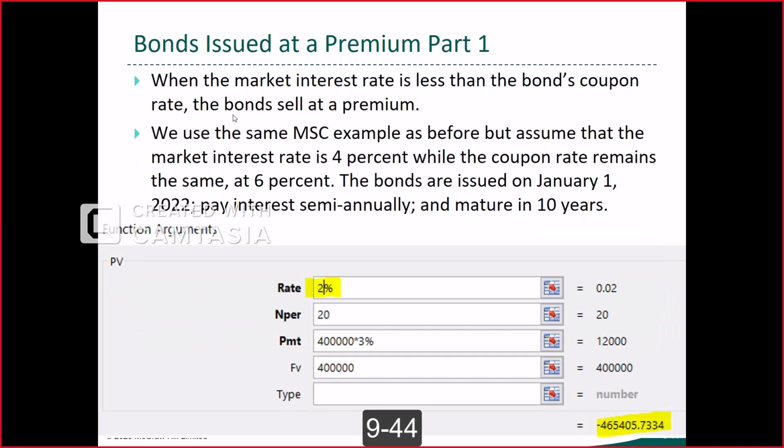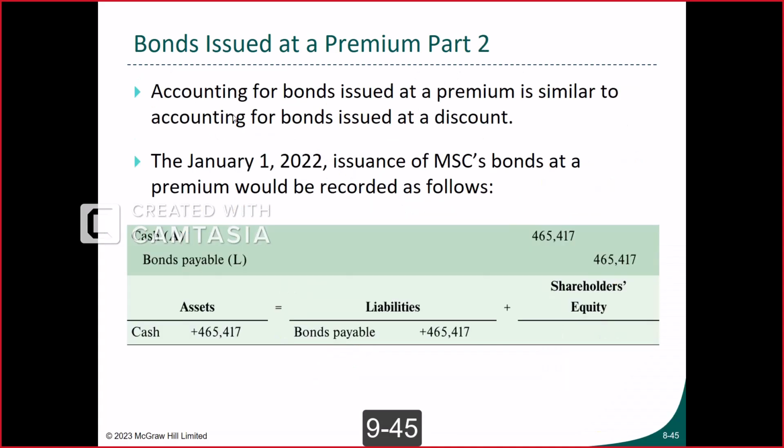When we make our calculation, the issuance price is higher than the principal. So debit cash for $465,000, not only $400,000, because of the premium, and credit bonds payable for $465,000.